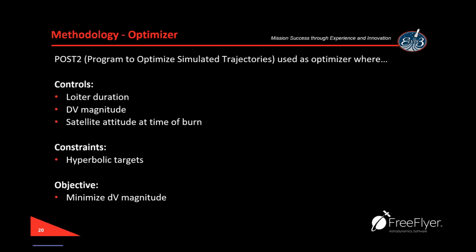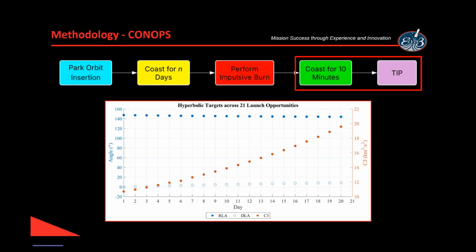So it wouldn't be no impact. So I'm going to go back to this slide here. If you're on day 26 here and you follow those C3 targets up, your C3 will be much higher than it was on day 1. So for that reason, you're going to need a higher delta V magnitude to satisfy those C3 targets.